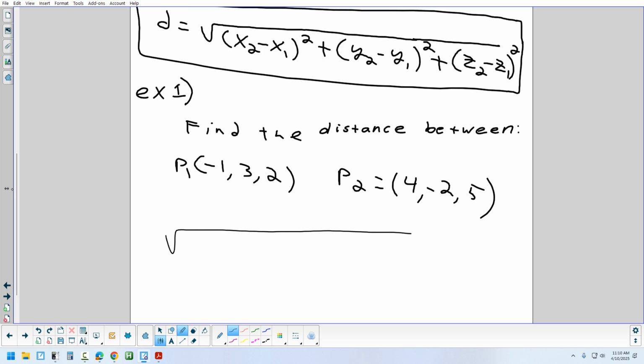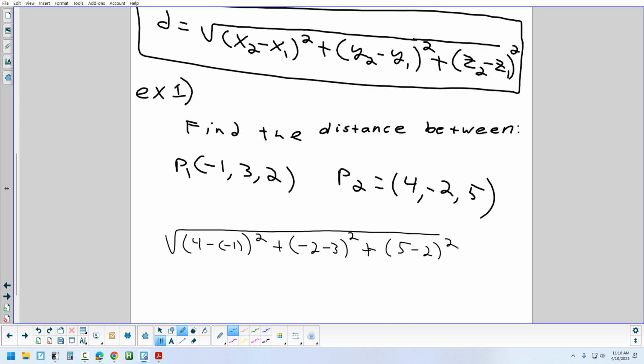In parentheses, you do the second x point minus the first x. All right, so in this case, 4 plus 1 squared. Yep, so it's going to end up being a plus because it's 4 minus negative 1. So I'll change that to a plus in a minute. What's going to be the next part of the calculation underneath the root? Negative 2 minus 3 squared. So you have negative 2 minus 3 squared, and that would be it if it was 2D. Now the 3D part. It would be 5 minus 2 squared.